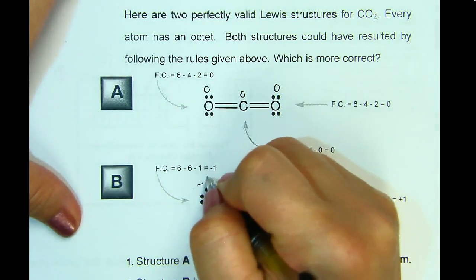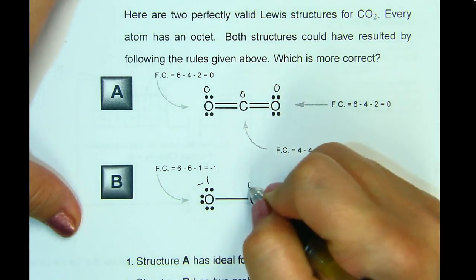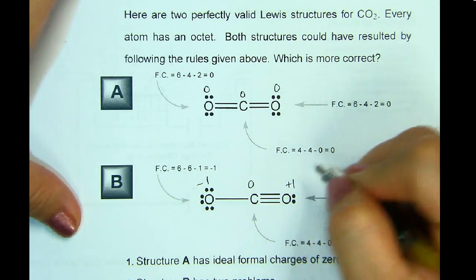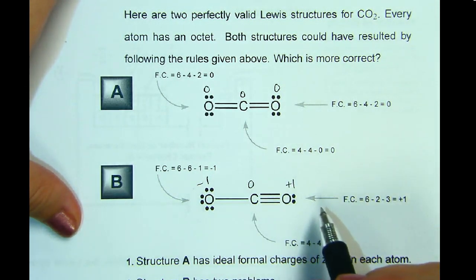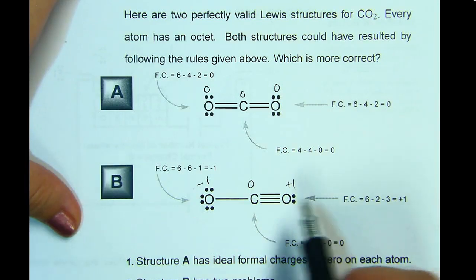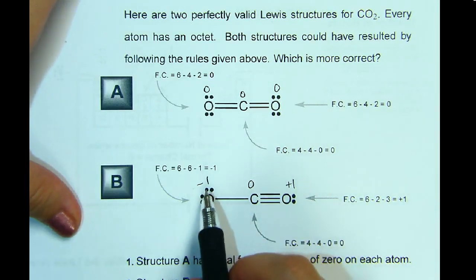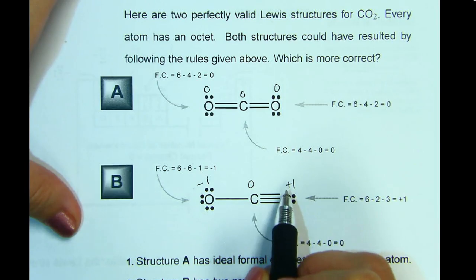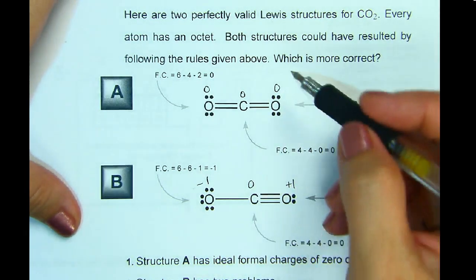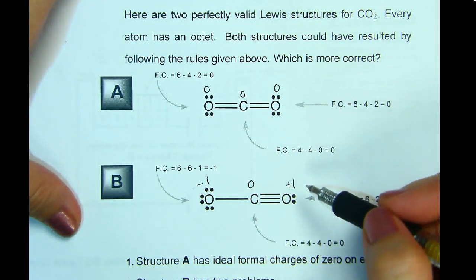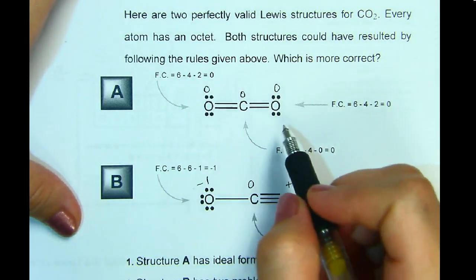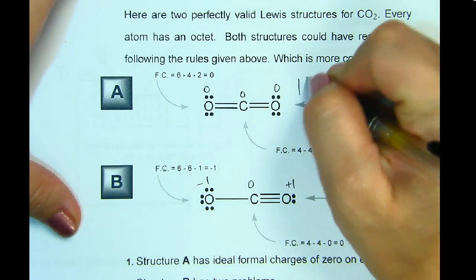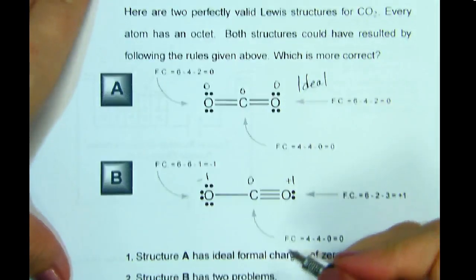Here you have a negative 1 on the oxygen, a 0 on the carbon, and a plus 1 on this oxygen. So overall, we do have a total of 0 formal charge. However, it's not ideal because there are charges that are not 0 present. So we need a 0 overall for both of them. However, the one that has the most atoms with a 0 formal charge is the more ideal Lewis structure.